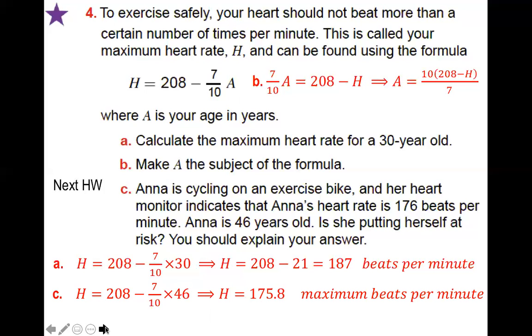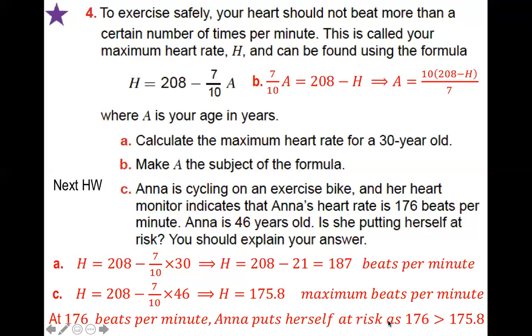So is she putting herself at risk? To maintain this, I would say yes, but she's at 176. So you could respond, because 176 is higher than 175.8, then you can say okay. But if you rounded it to 176, you can say she's just reaching the max.